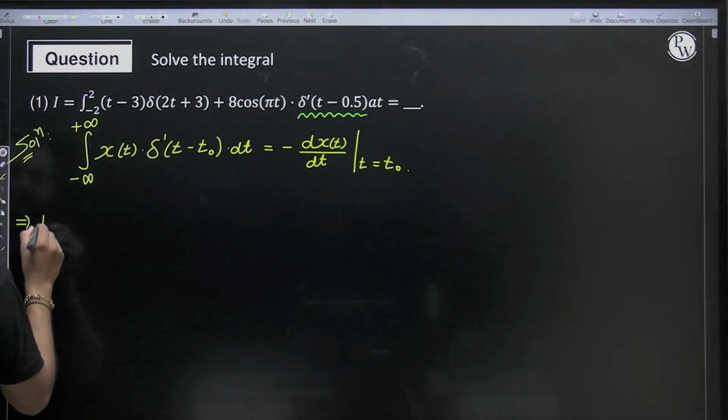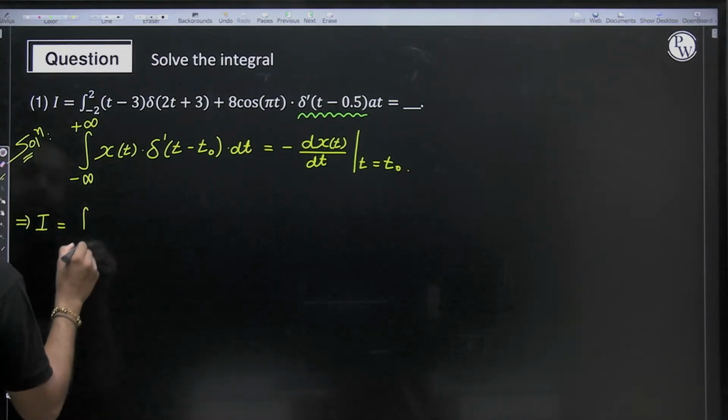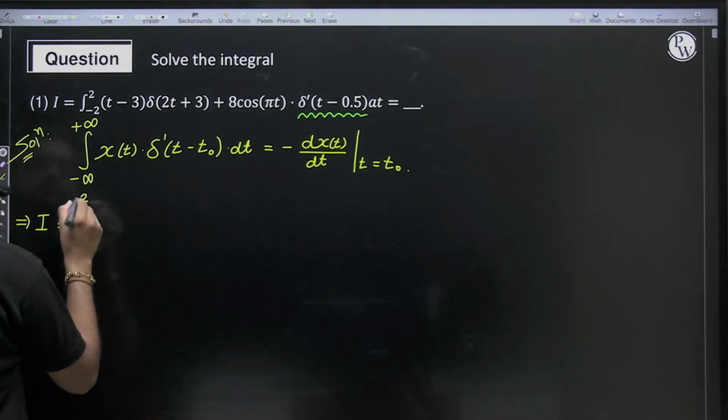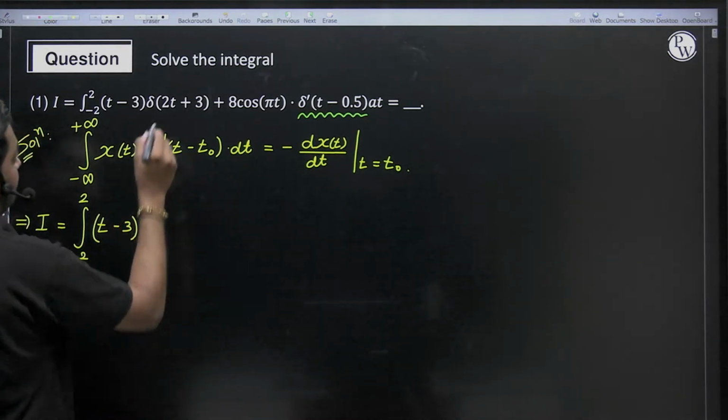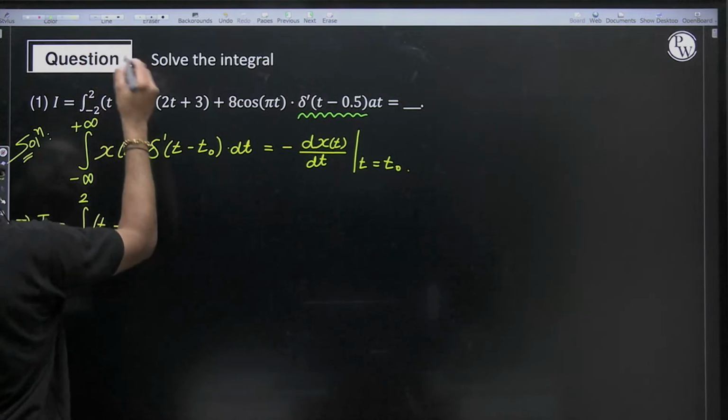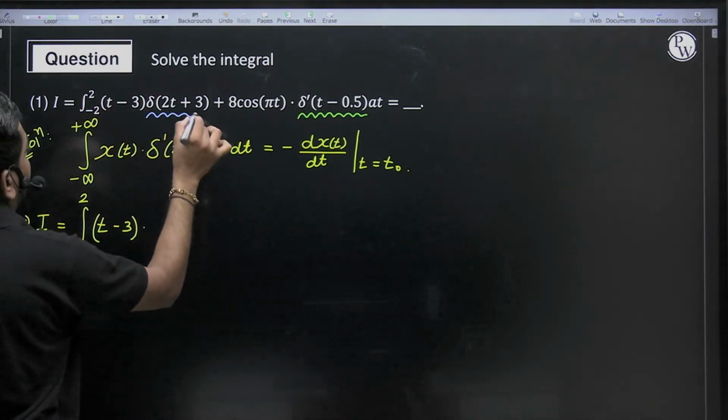So here this integral I is equal to integration from minus 2 to 2 of (t minus 3), and now the scaling property of the impulse function for δ(2t plus 3).